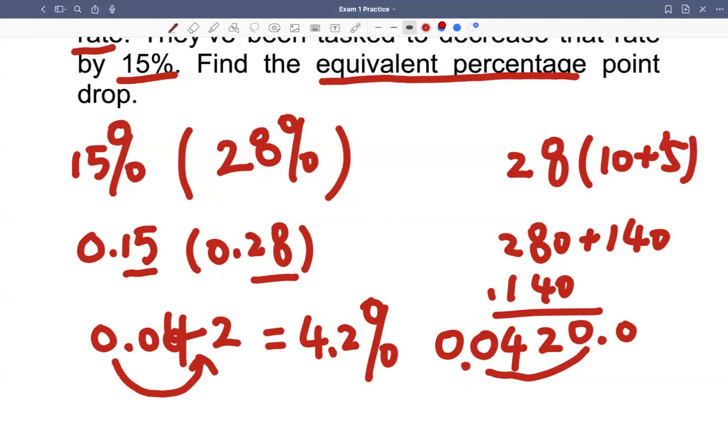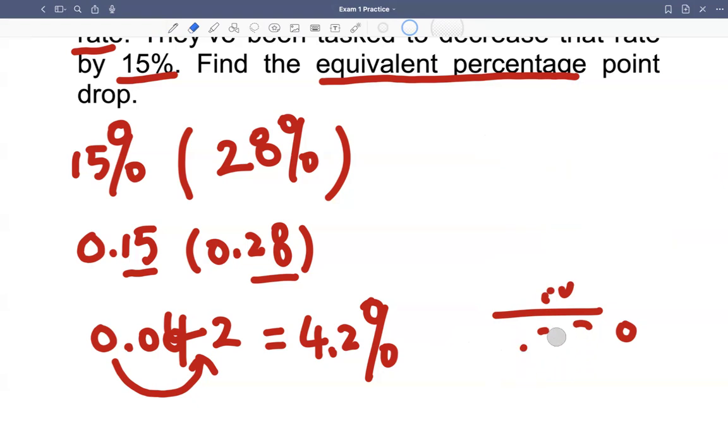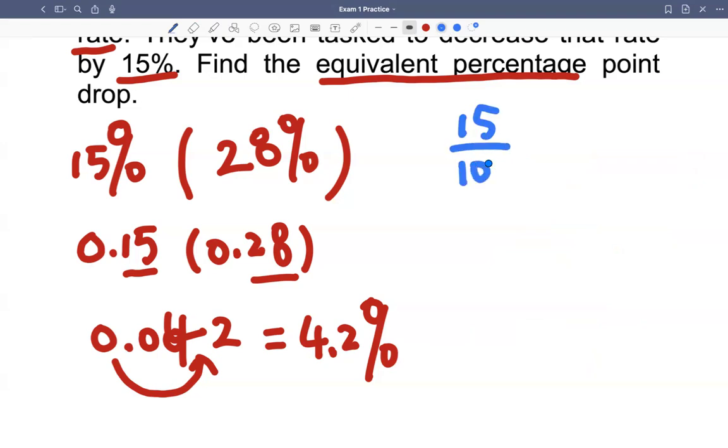So this is one way. Let's see another way of doing this, using fractions. Because 15% is 15 divided by 100, and 28% is 28 divided by 100. So I can write 15 divided by 100 multiplied by 28 divided by 100.